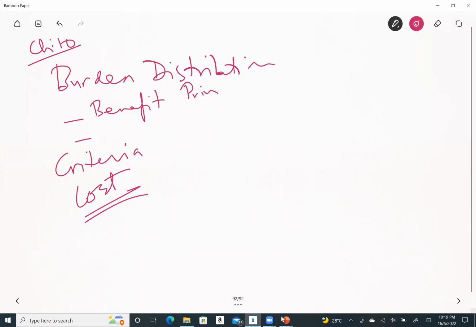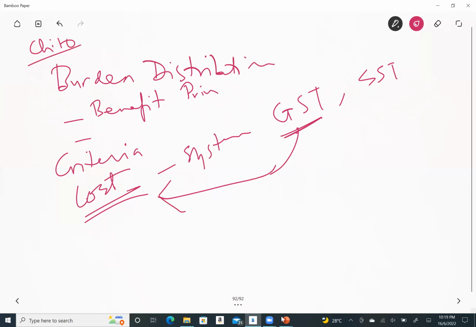Sometimes you have a good system. For example, GST is a good system. Or you consider the SST, sales tax, simple. This one is complicated, so high cost. It's very high cost. This one is simpler, lower cost.